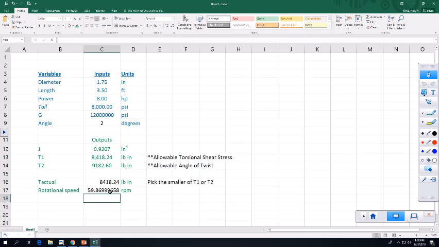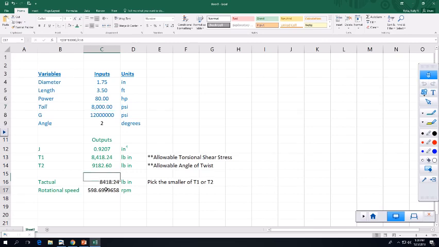I should get 599. What am I doing wrong? Isn't the power supposed to be 80 also? Not 8? Oh, is that what I have? I have it written as 8 here. Thank you. 80. That will make a difference. Then it's okay, because I think my equation looks good.